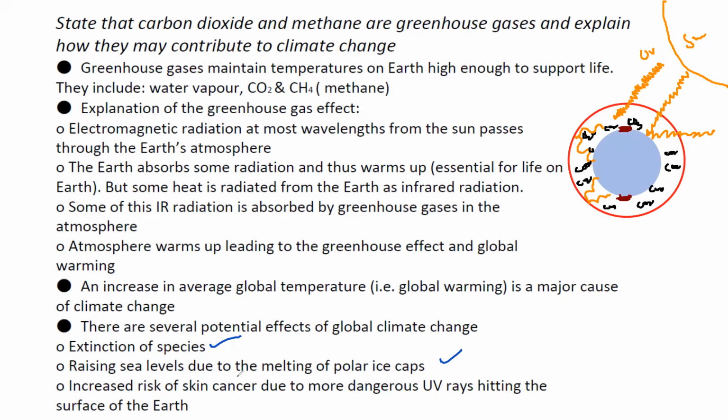And then an increasing risk of skin cancer, because when a lot of radiation enters the atmosphere, it becomes dangerous and it can cause skin cancer. So this is how methane and carbon dioxide contribute to global warming. Is it clear?